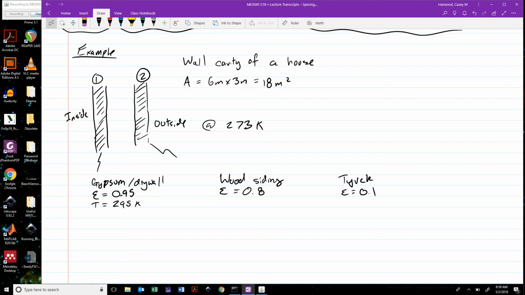If we look at table 13.3 in the book, and I forgot to bring my copy today, we would see it has solutions, those Q12 rates, for a variety of different two-surface enclosures. The first one we find is two parallel surfaces.